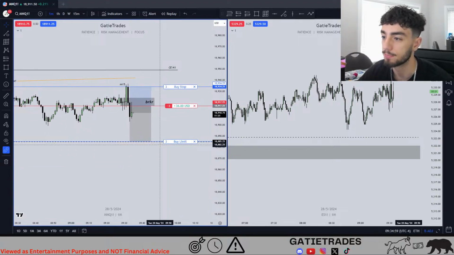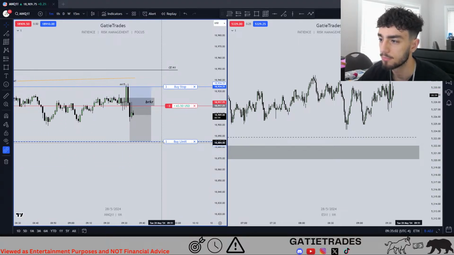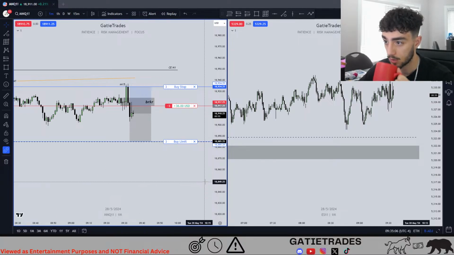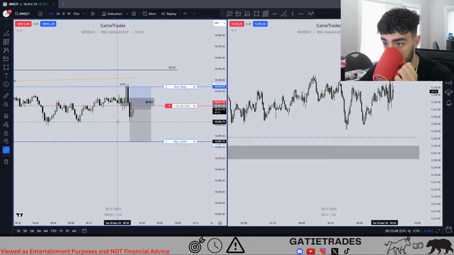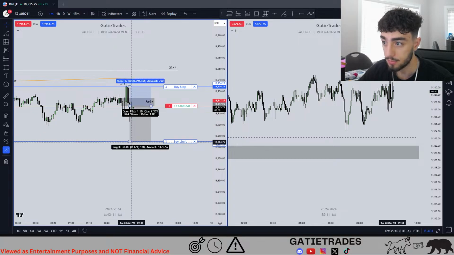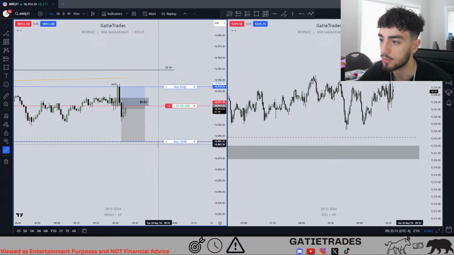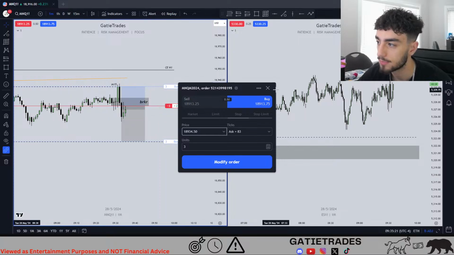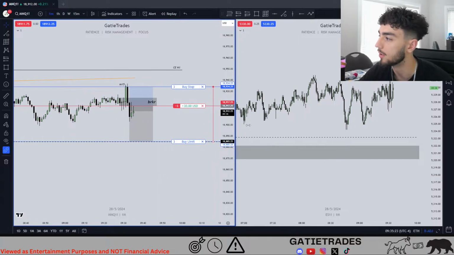So far, nice rejection. It's not a good reaction. I am tempted to kind of just break even this because it is an early trade. We'll let it play.